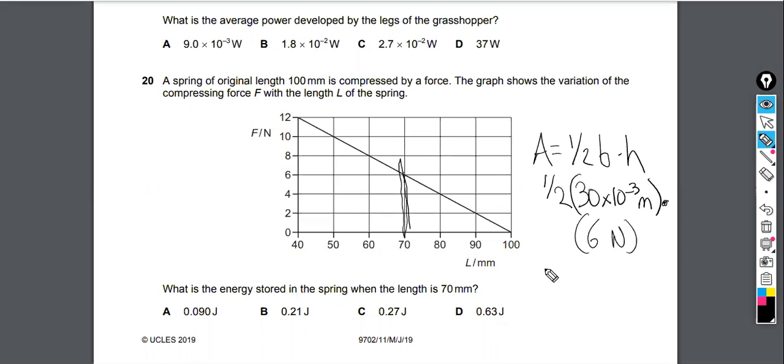So now for a little bit of button pushing: 0.5 times 30 times 10 to the negative 3 times 6 gives me 0.09. So choice A is correct, I hope. We always check the mark scheme and make sure we didn't make a mistake there.